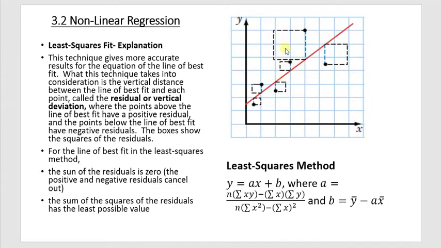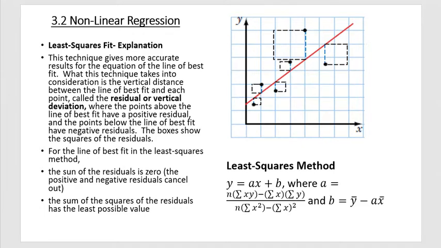The bigger the box here, this is just a visual representation, like 1.5 down, 1.5 over. The square means that the bigger the residual, the further away the point is from the line of best fit.